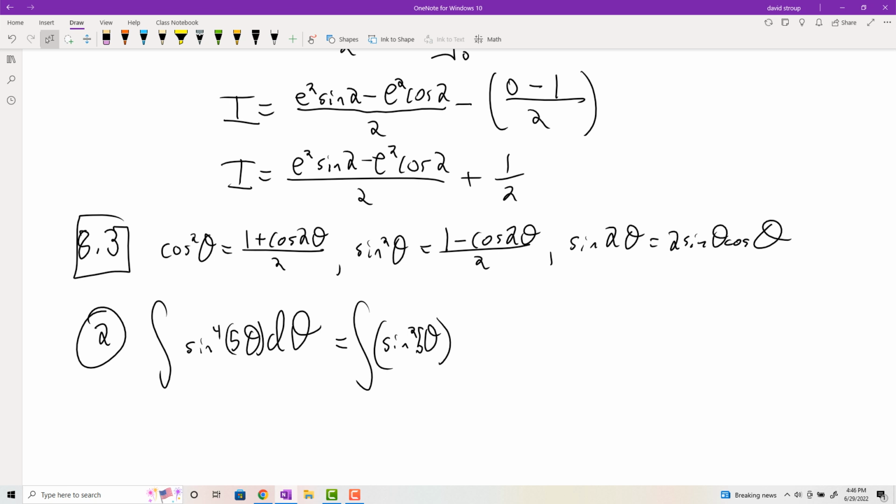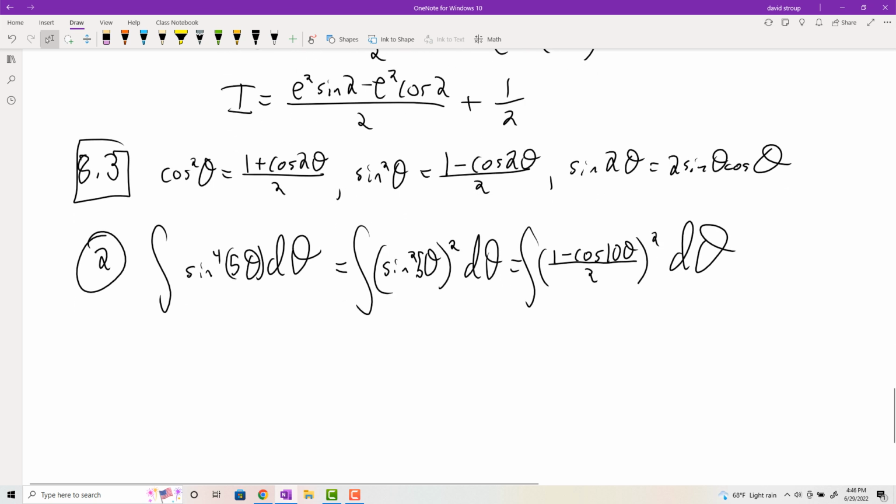So first off, I could think of sine to the 4th as sine squared, squared. And then I could replace the stuff inside the parentheses here with our identity. So this will become 1 minus cosine of, we have to double the angle, so this will be cosine of 10 theta over 2, squared d theta.